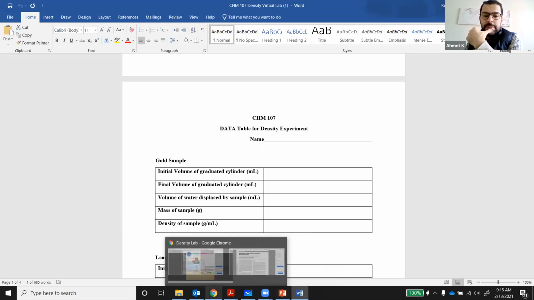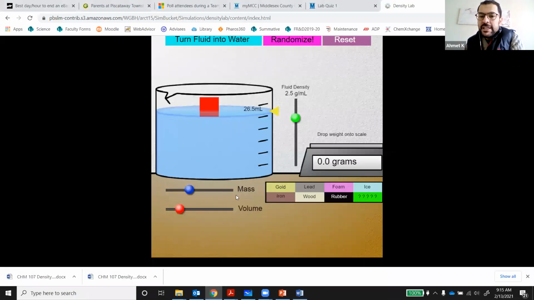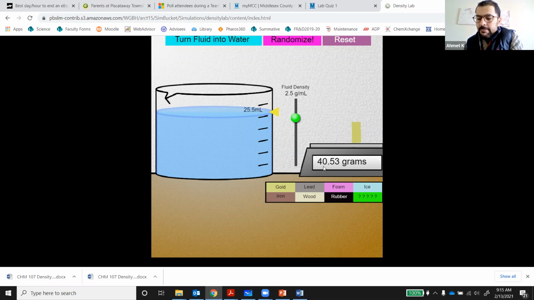You can use water displacement, correct? Let's take gold for instance. Drop the weight on the scale, so this is your gold. You first put this on, and then you read it, right? So it's 40 grams.